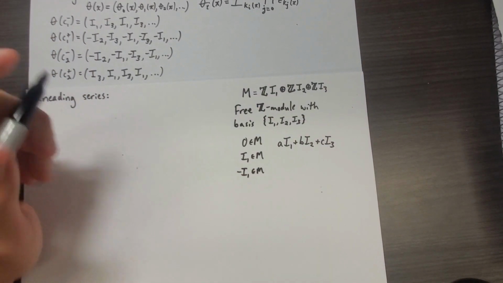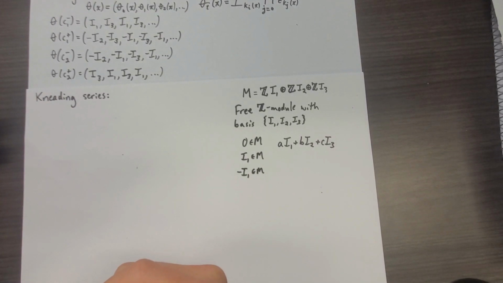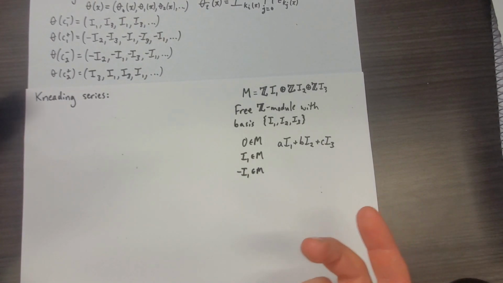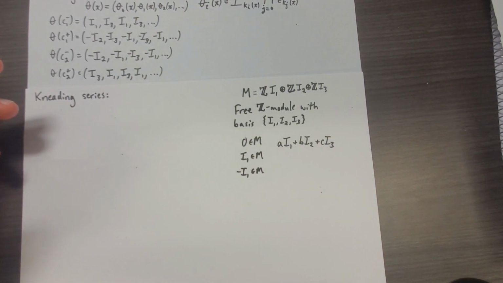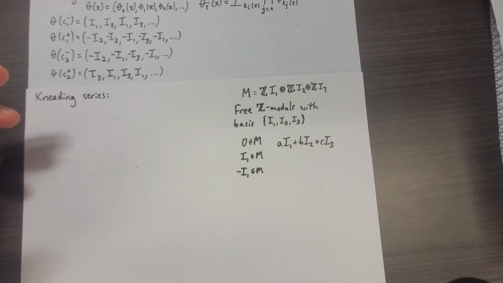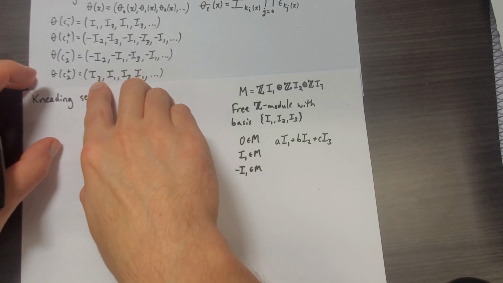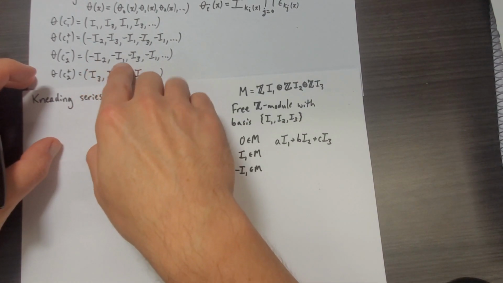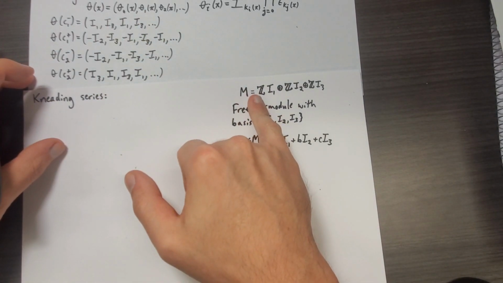It actually is a basis in the sense of linear algebra. It's like a 3D vector space where your basis vectors are I1, I2, I3, but you just aren't working over a field, so your scalars are coming from the ring of integers instead of a field, so you have to call that a module. So the entries in these Kneading coordinates, I3, negative I2, negative I1, positive I1, so on, are elements of M. They're in this module.